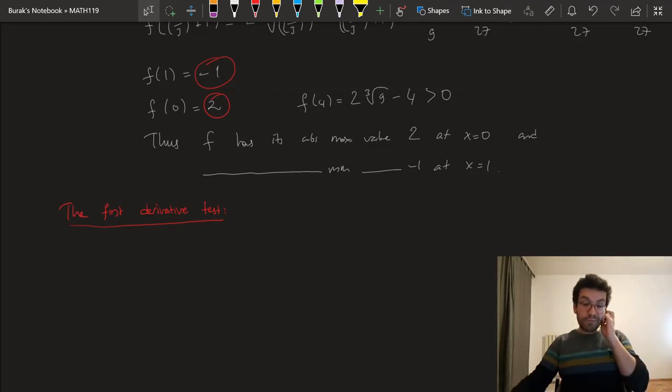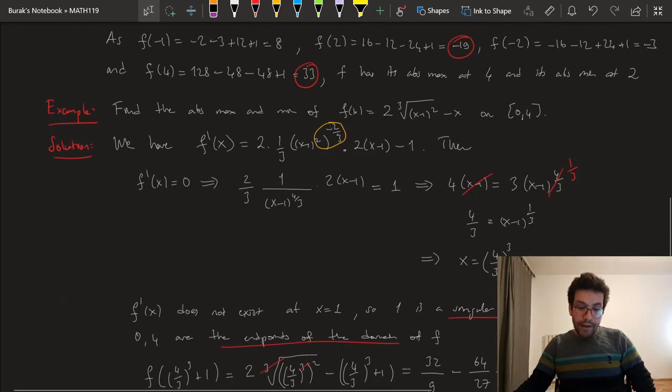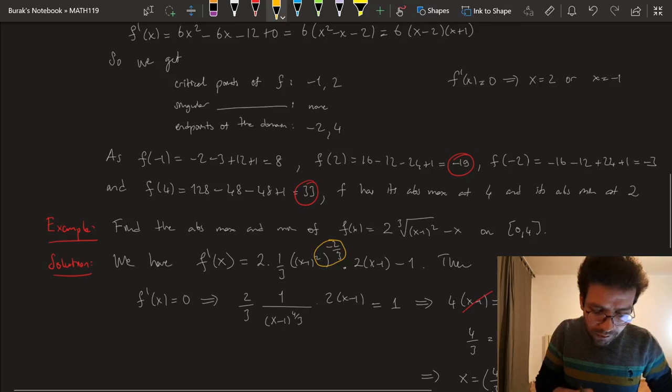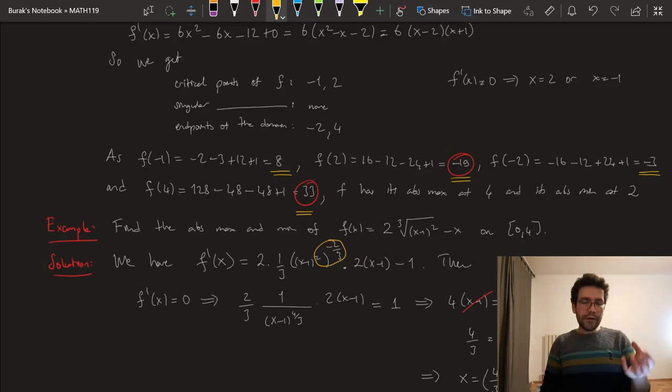But there is one slight problem. Just by plugging in values, you can't actually figure out what kind of local extreme value you have. Like, let's take this example. These were your candidate points, and when you plug these values in, you get 4 values. If you're looking for absolute maximum and absolute minimum, well, the biggest one will be the absolute maximum, the smallest one will be the absolute minimum. I mean, that's obvious.